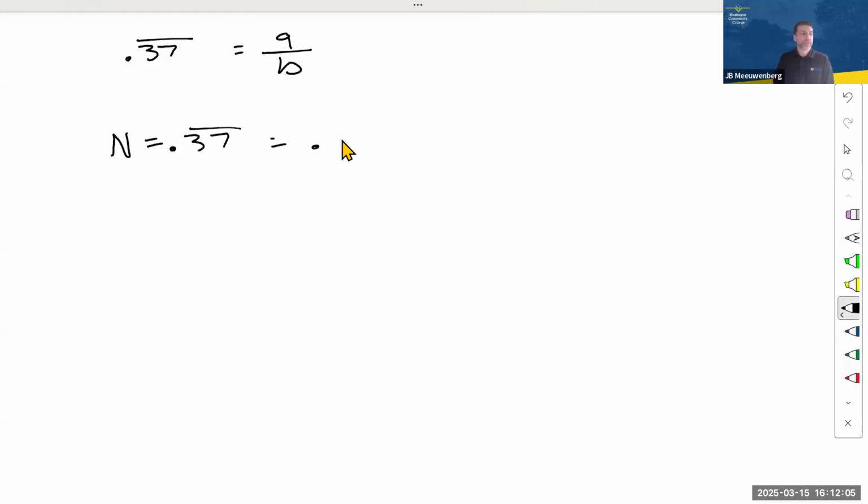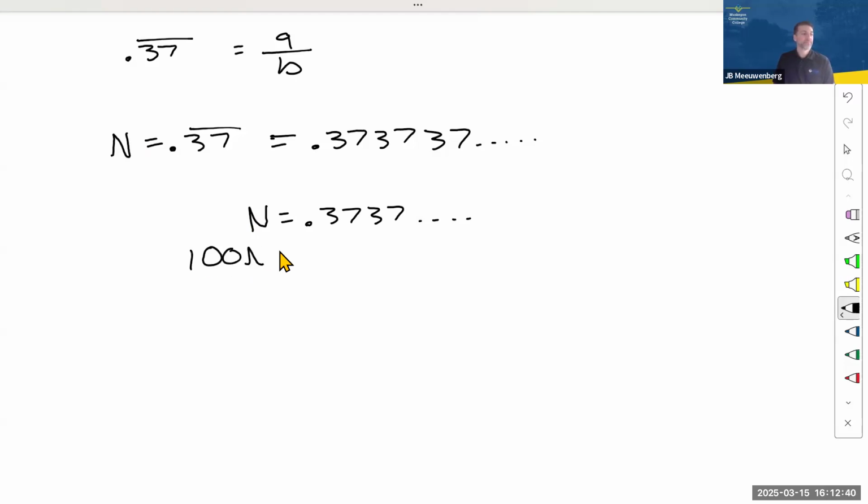We know it also is equal to 0.373737, etc. So we're defining what our variable is. We're saying n is going to equal this repeating decimal. So we're going to use this little technique. Let me rewrite this. n is equal to 0.3737, etc. I'm going to multiply n by 100. 100n.